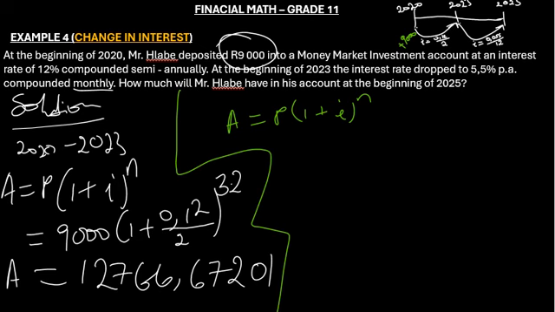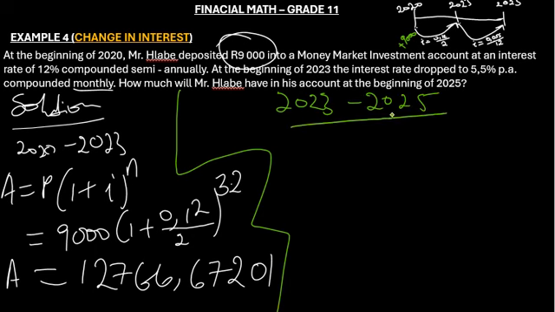There is something that I have forgotten to denote here: from 2023 to 2025, A is still equal to P(1 + i)^n.